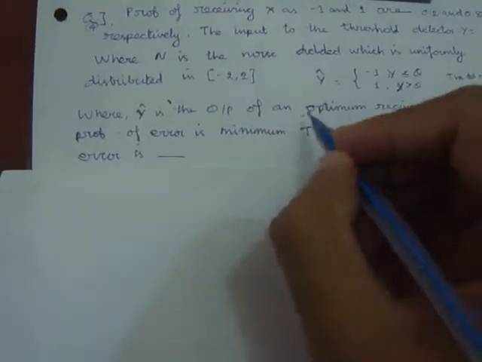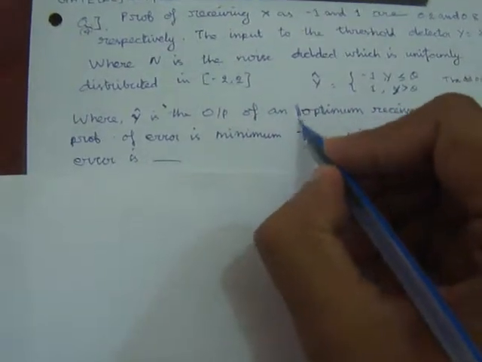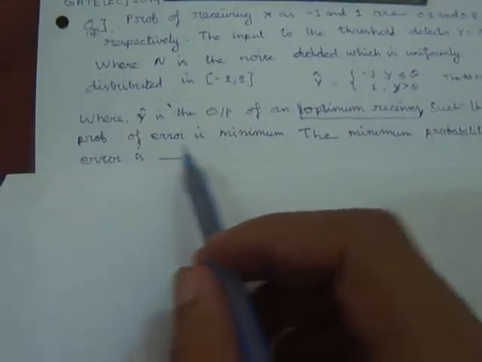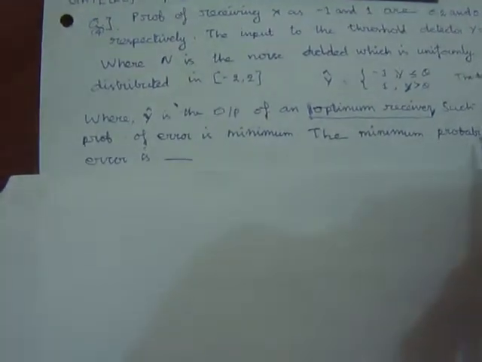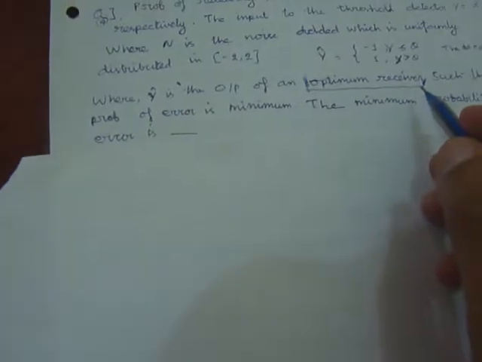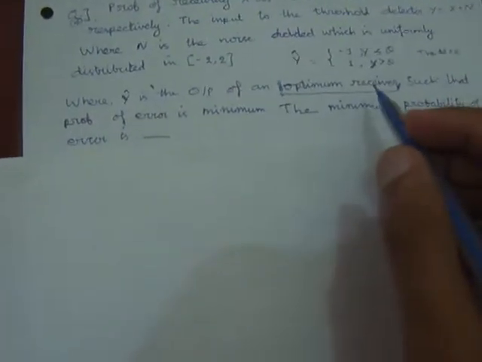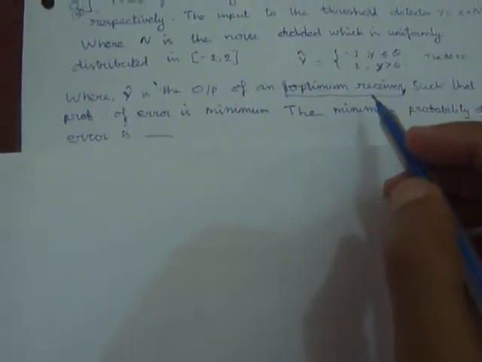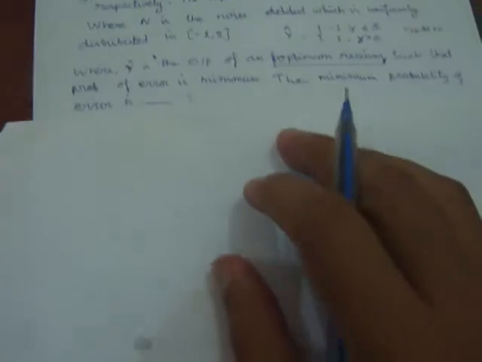So please make a note of it: optimum receiver, such that the probability of error is minimum. What is the minimum probability of error for the optimum receiver? For the optimum receiver, we have a specific condition. We will see it, and using that we will find the probability of error.